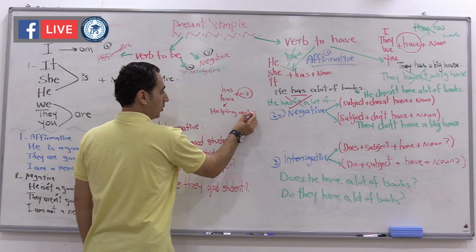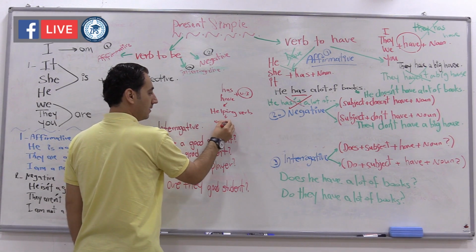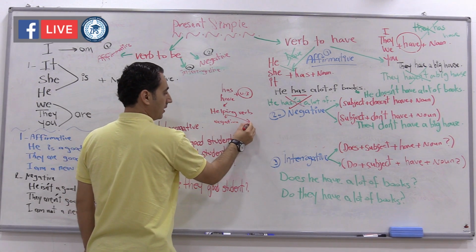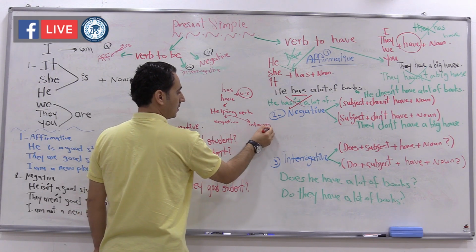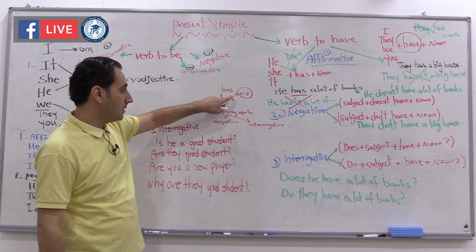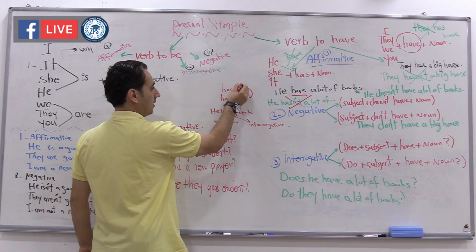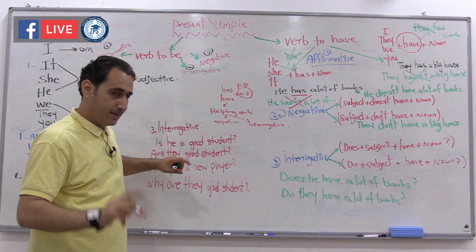Helping verb. What does that mean? It means that they can become negative and interrogative. If you find verb 3, or you say PP, okay? Yes, I know that, okay?